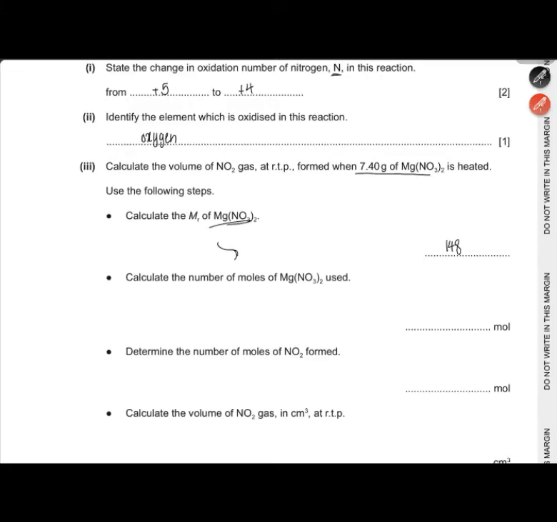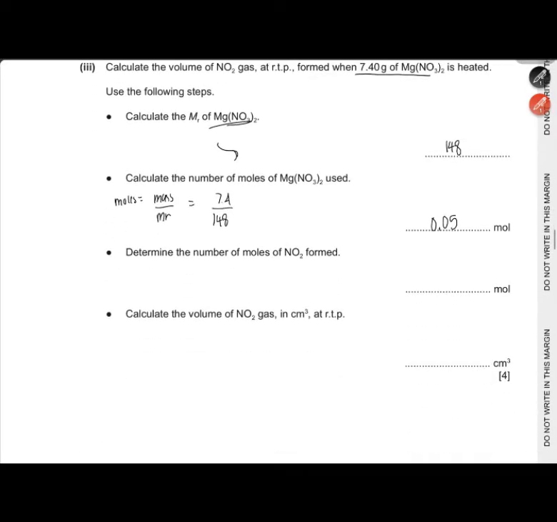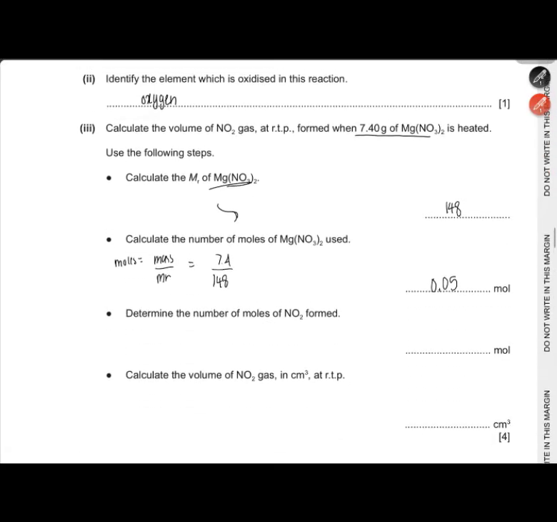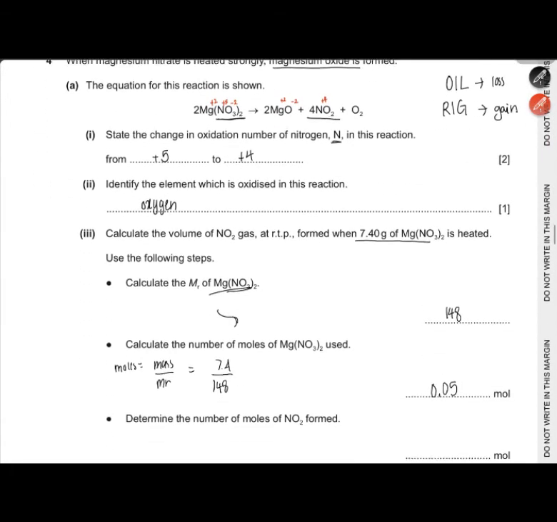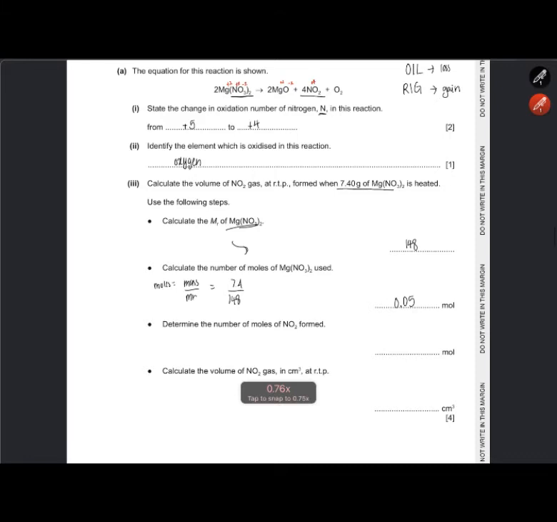Calculate the number of moles of magnesium nitrate used. The formula for moles is mass over Mr. Mass is 7.4 divided by 148, and we get 0.05 moles. Find the number of moles of NO2 formed. We need to find the ratio between magnesium nitrate and NO2.